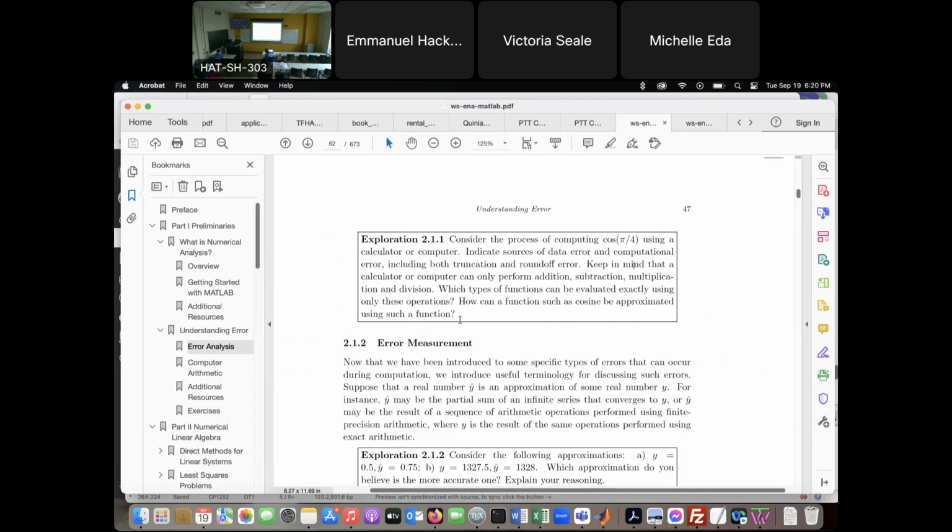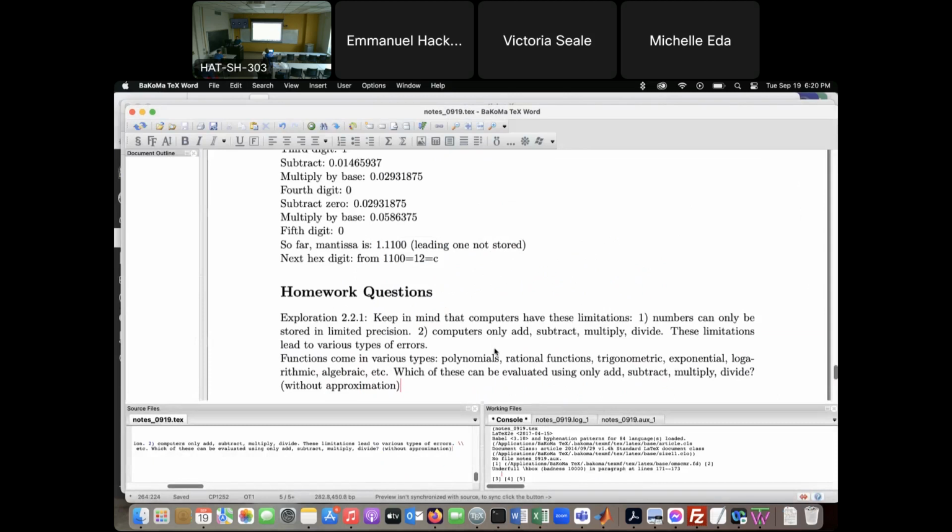If you have a function that does not fall into such a category, what are you going to do? In that case, you have to approximate the function. How is that done? So that's what you have to keep in mind for functions in these categories.